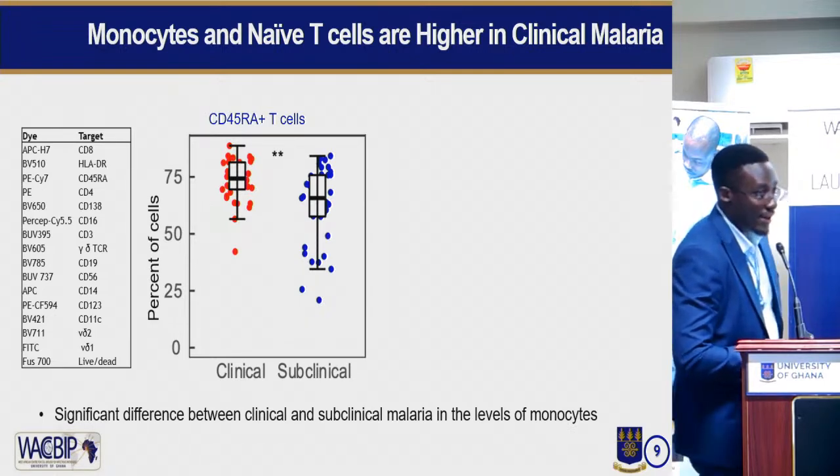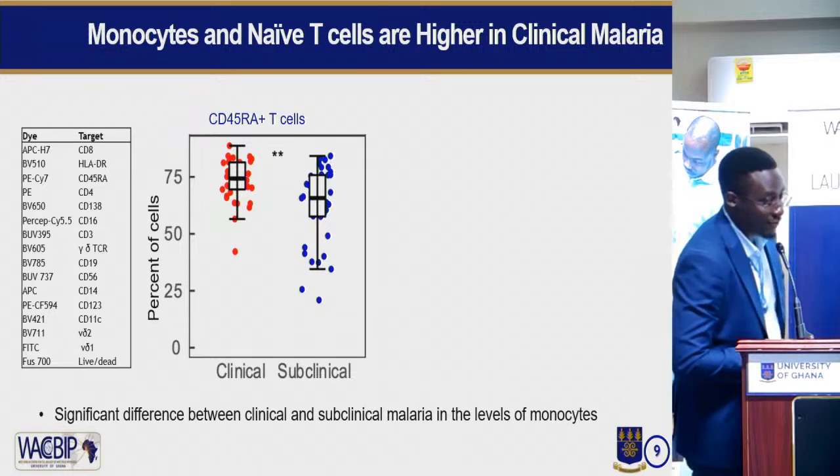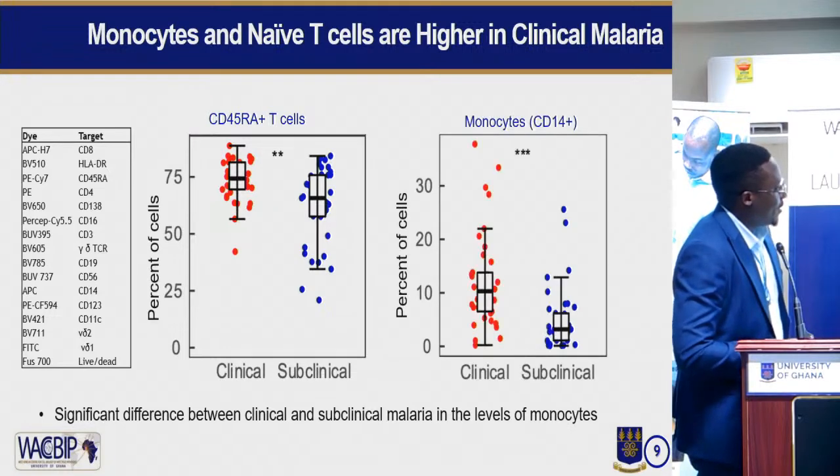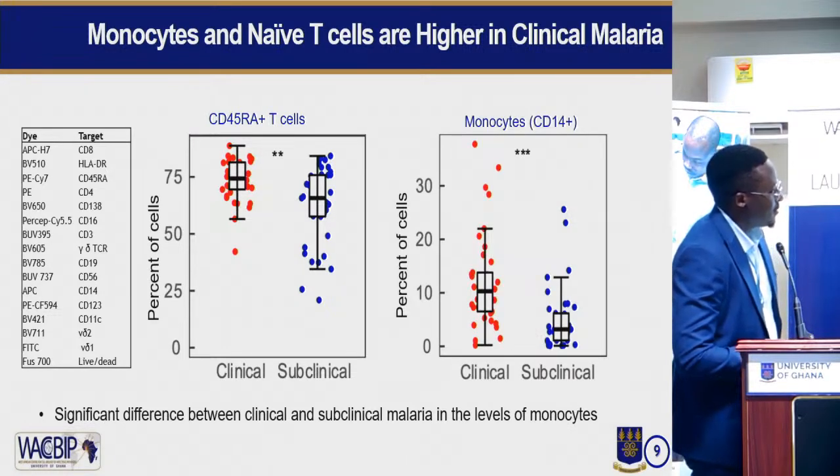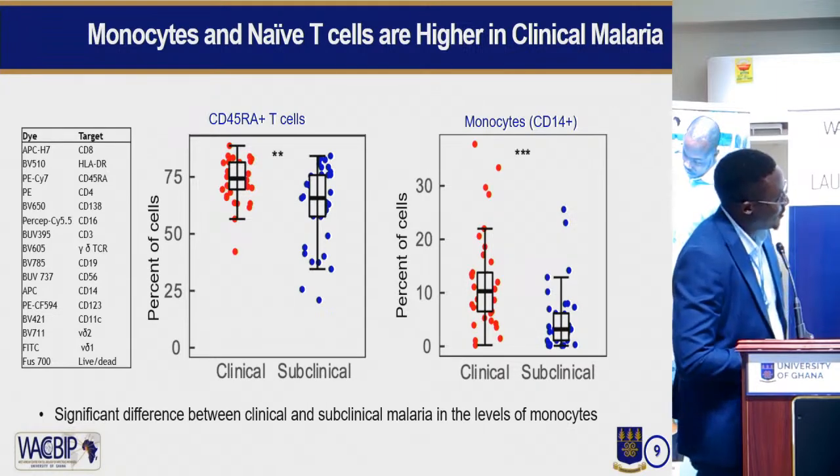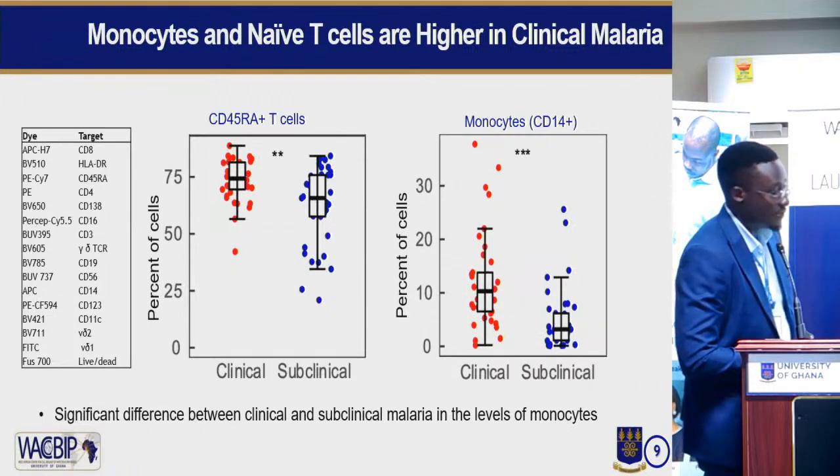And this could be naive T cells or terminally differentiated T cells. We also saw that monocytes, these are CD14 positive cells, were significantly higher in clinical malaria children compared to the subclinical infections.